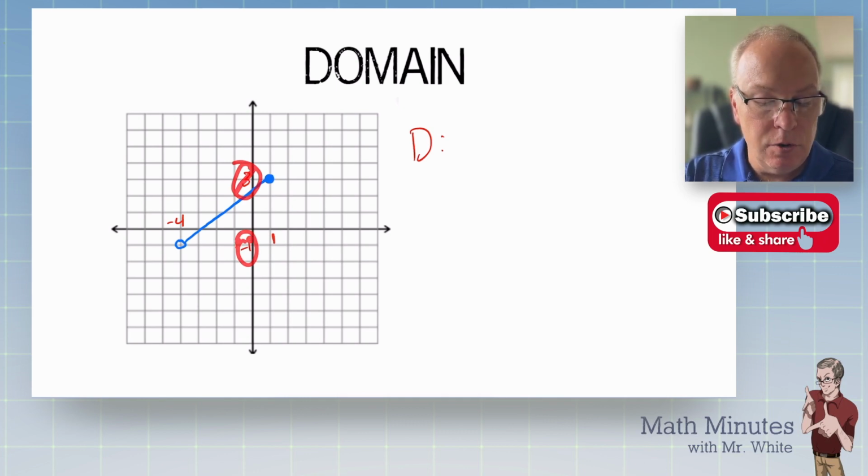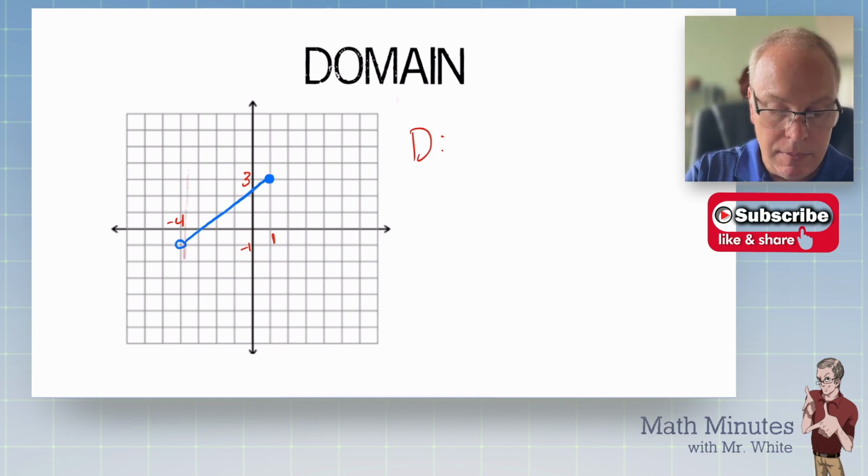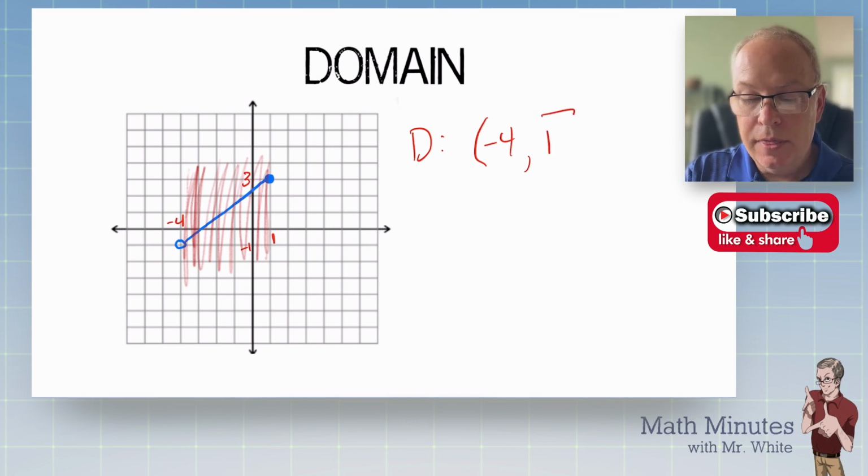When it comes to the domain, you need to ignore those, folks. Where does this graph exist? It exists from here to here. That is -4 all the way to 1 with a bracket.